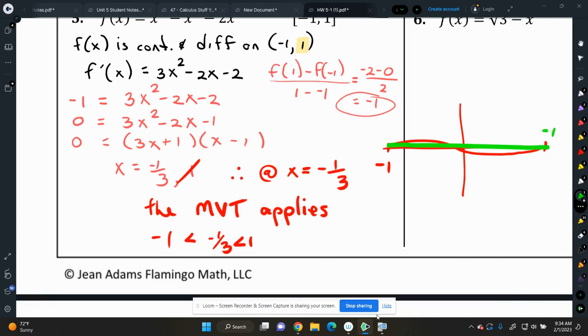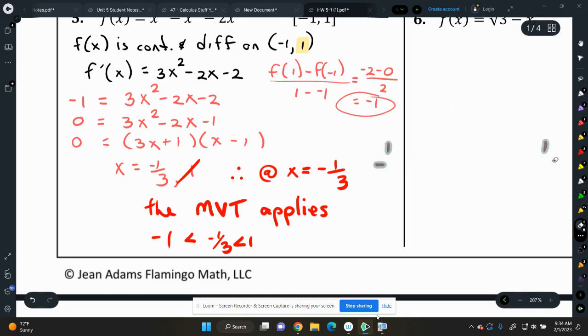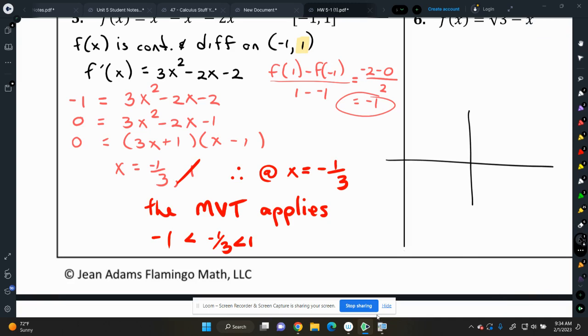So what we're looking for is that point, which happens to fall at -1/3, where the slope of the tangent matches. Let me just exaggerate this curve so we can draw it better. Okay, f of 1 is -2, and f of -1 is 0, right?